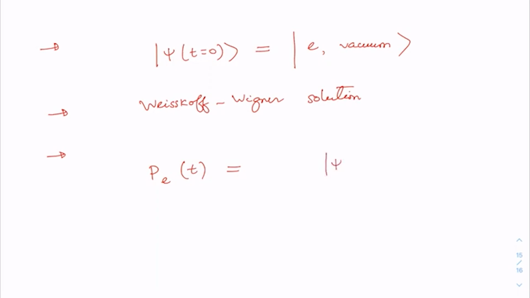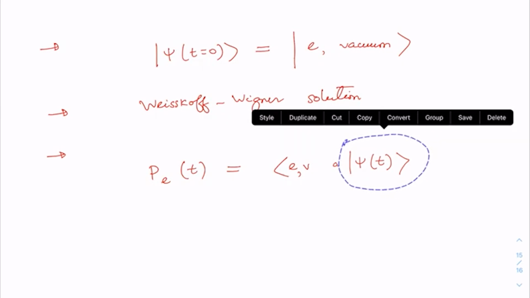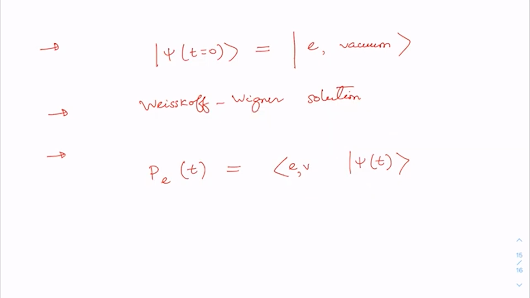Say the system is in the arbitrary state psi of t, and we want to find the atom in the excited state and the field in the vacuum. So the probability would be given simply by the mod square of this.